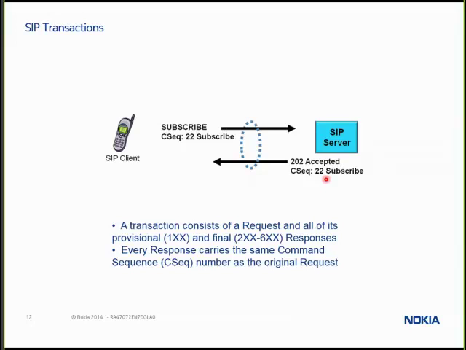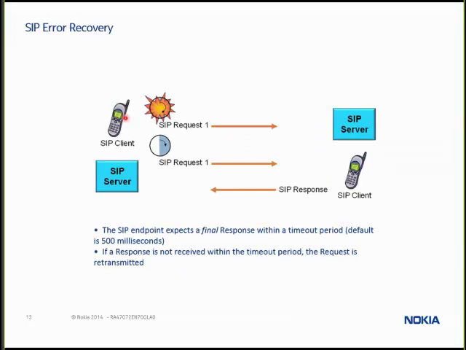We move on to what happens if I send a SIP request and I don't get a SIP response. There's a timer that will be built into the client. Typically, we set it at 500 milliseconds. That may be adjustable.